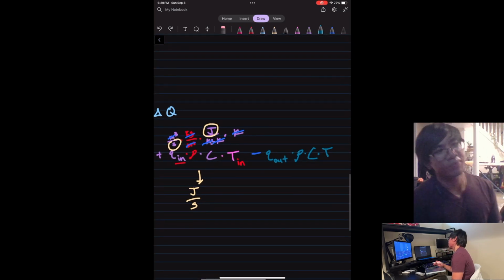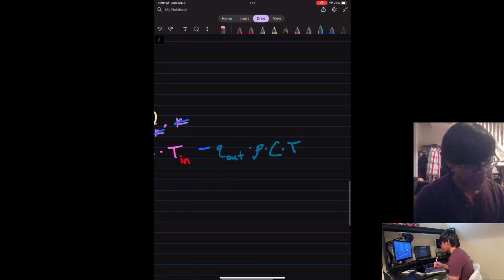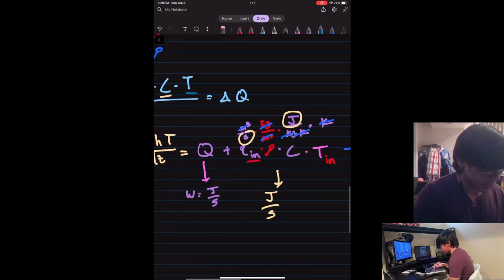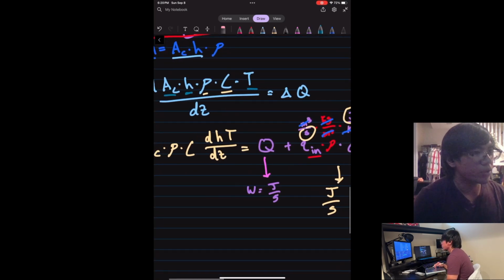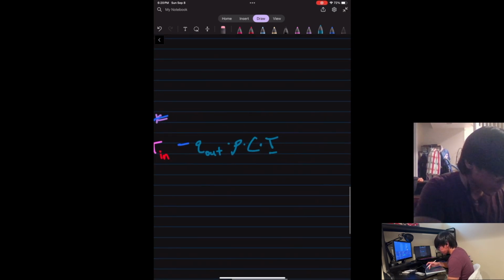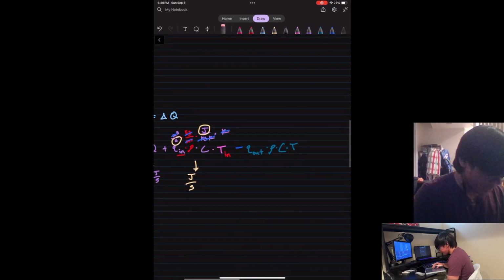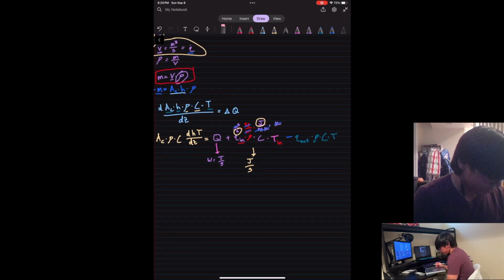And that's very important because we would get a different solution altogether if we wrote T_out, and that was different from our T on the left-hand side that we're doing a differential equation for, having a dependent variable of temperature with respect to time. So it's a good thing we have our T here. And I believe that is all for our system components.